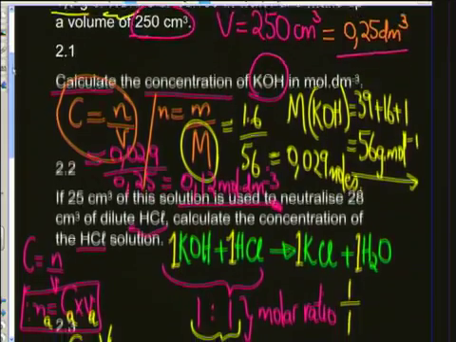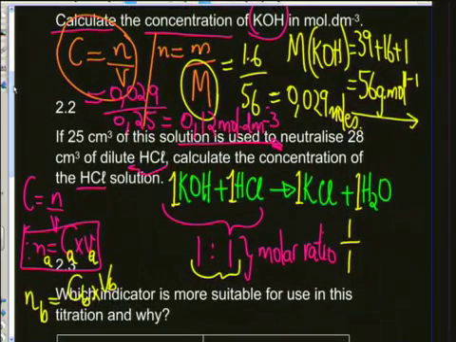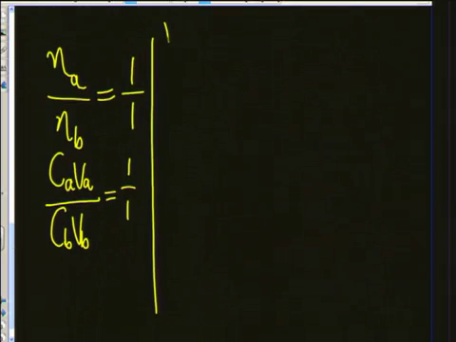This therefore means that I can substitute those values here. Remember, I calculated the concentration of the acid, and we found it to be 0.12. But what we don't know is the concentration of the base, and therefore we can just write down what is given to us here. The volume of the base is 25 cubic centimeters.